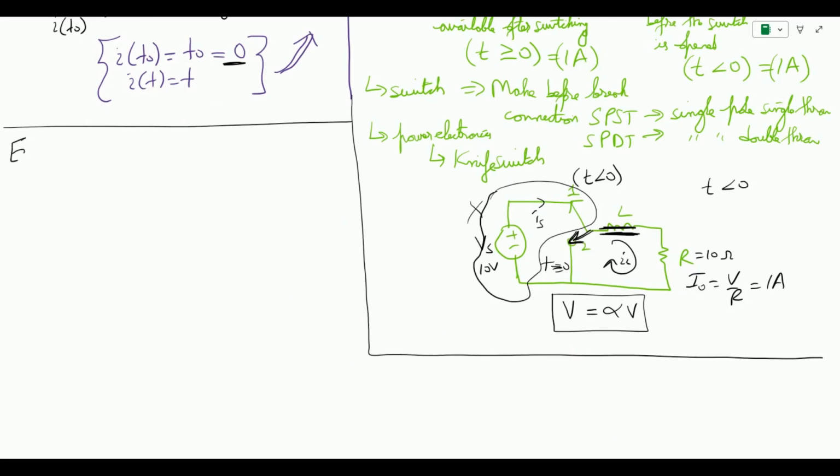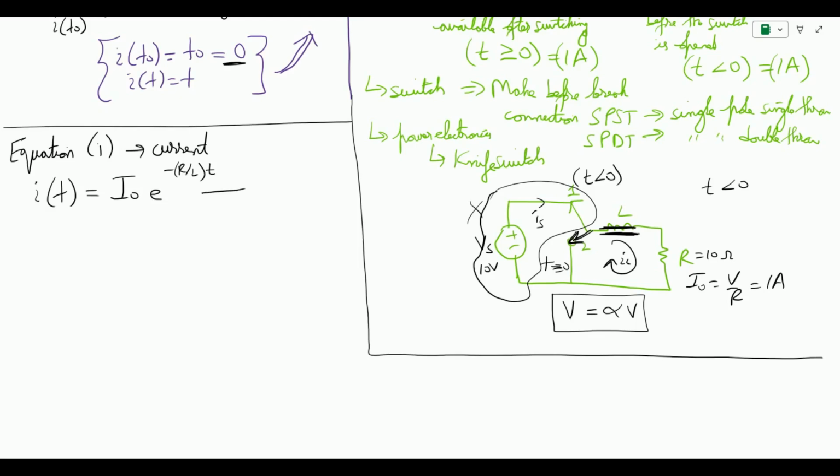So if I start with equation 1 for the current, the final behavior of current comes out to be I naught e raised to the power minus R by L into t.